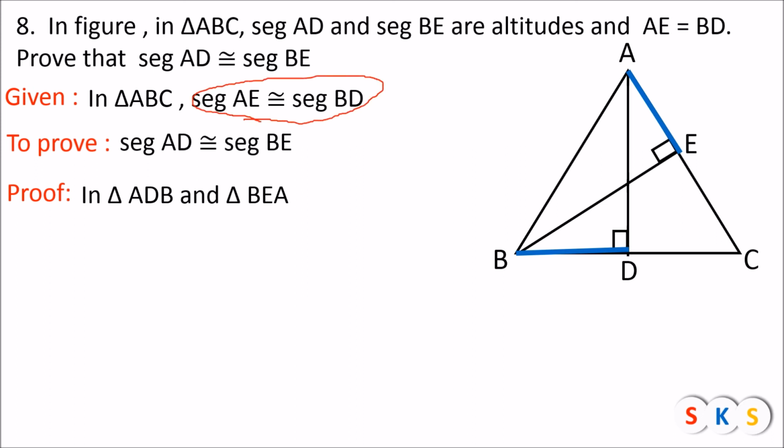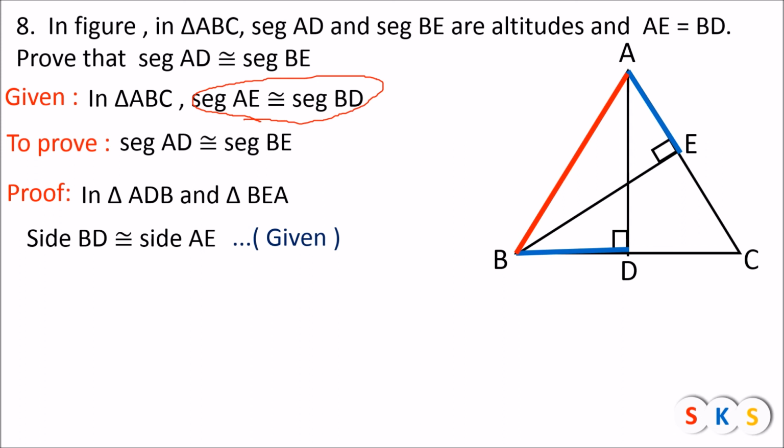Now look at this figure. Here side AB is a common side. It is a side of triangle ADB, and AB is a side of triangle AEB. So seg AB is a side of both the triangles, so it is a common side. And here seg AB is the hypotenuse of both the right angle triangles.